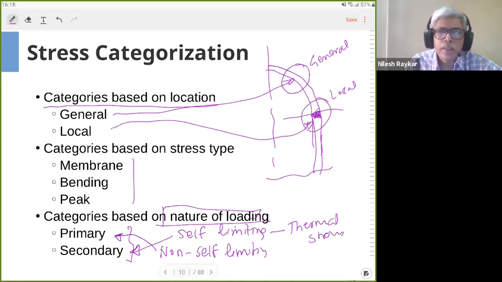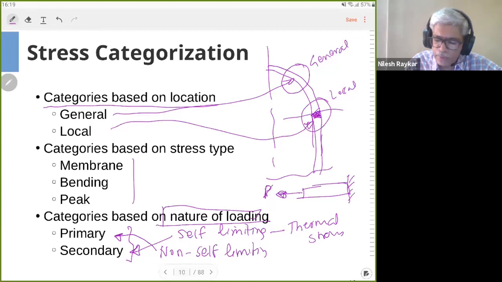If the material is in the elastic zone, consider a bar which is fixed at one point and you are pulling it from the other end. As you start increasing the load, the stress will keep on increasing linearly with the load.